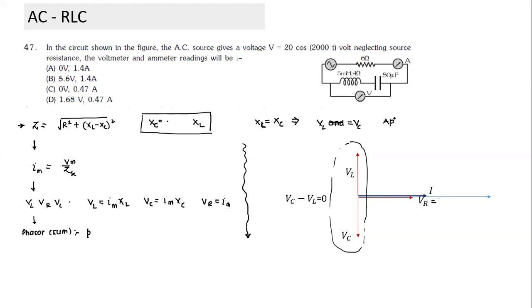Applied voltage is equal to VR. And what will the current be in that case? Z will be equal to R. If Z is equal to R, how much current will flow? Very easy, you can easily get the answer. So what will the current value be here? Can you tell me the RMS current value here?